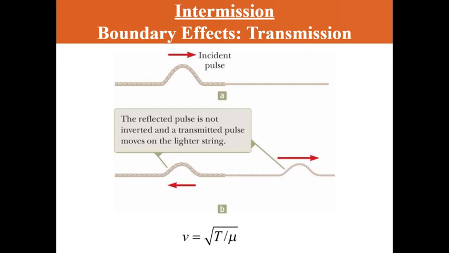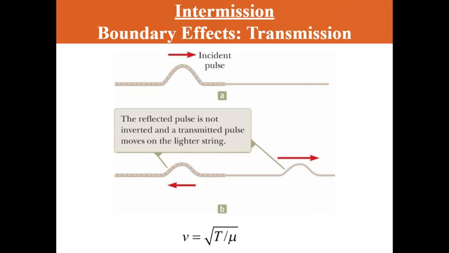But when a wave transmits, its speed can change depending on the medium. So in this example here, where part of the pulse gets transmitted to the lighter string, the pulse that moves through that light string will actually move faster than the pulse moving through the heavier string.